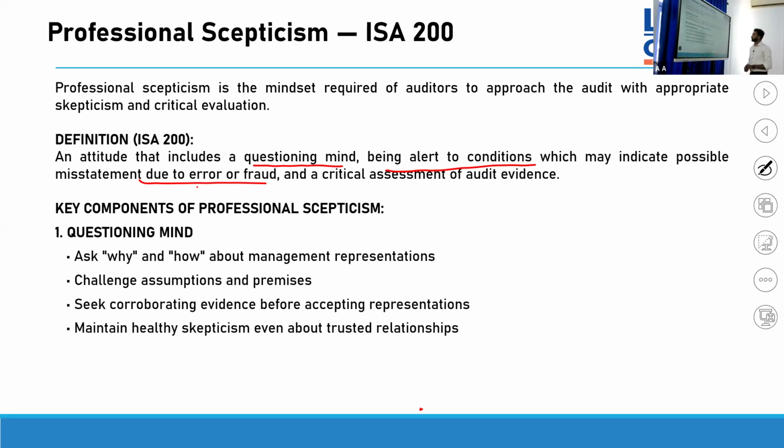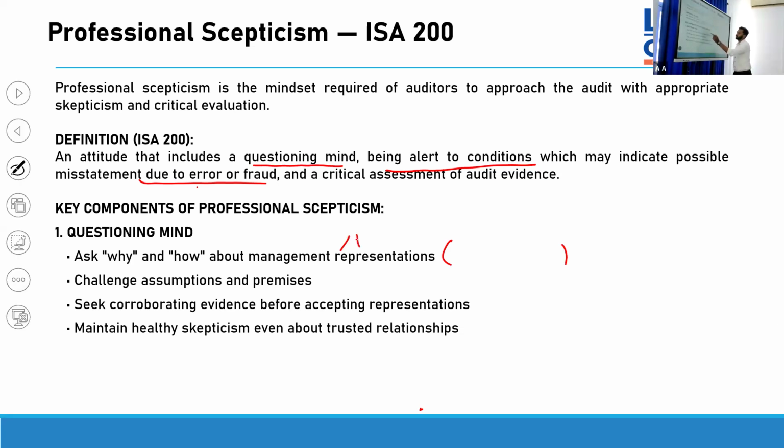So, key components of professional skepticism. One is a questioning mind, right? Always we should ask why and how about management representations, which means normally management prepares the financial statements based on their assertions.